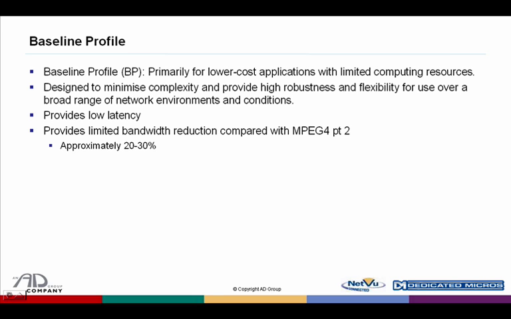Obviously MPEG-4 Part 2 and H.264 will be achieving much higher levels of compression compared to, say, Motion JPEG. But the important point to note there is that with baseline profile you're only really in the real world environment achieving about 20 to 30% data reduction, so not a huge amount compared with MPEG-4 Part 2.